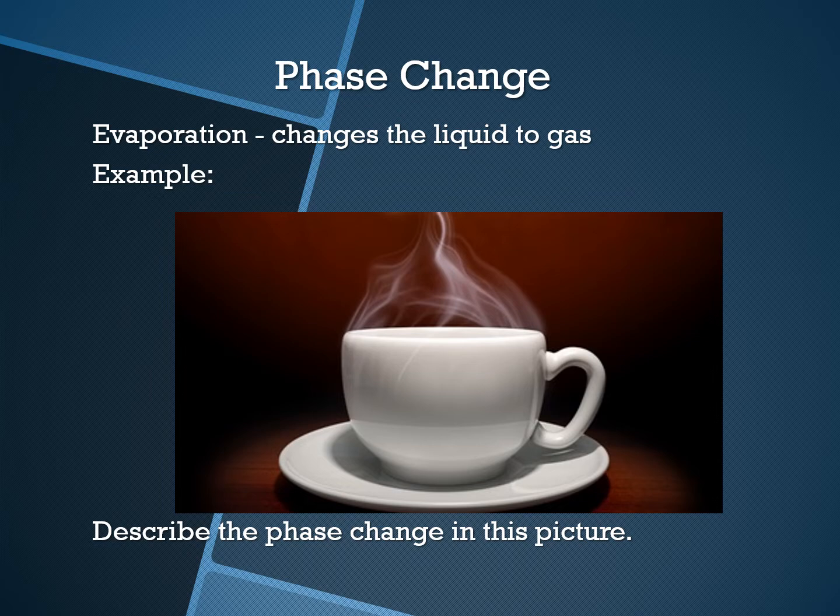The next thing that you have to learn for phase change is evaporation. That changes the liquid to gas. So when you boil a liquid and it evaporates into the atmosphere, as an example here on the picture, you have to describe this change.